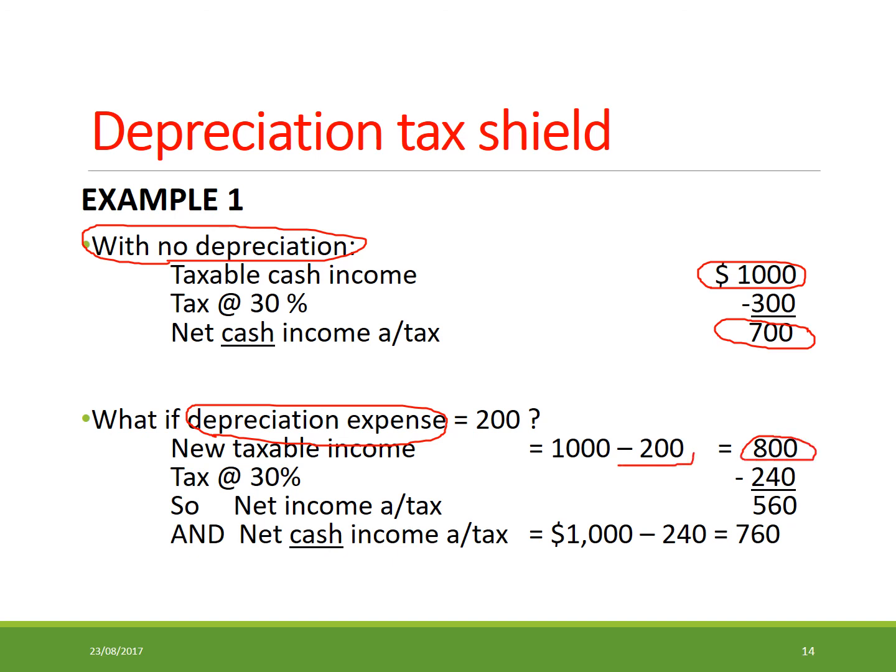So this is an expense, and therefore it's deducted from our taxable income, yeah? So the tax payable is therefore calculated on only $800, right? Not on $1,000 as before. And therefore, we can see that our tax payment is a bit less than before, yeah?